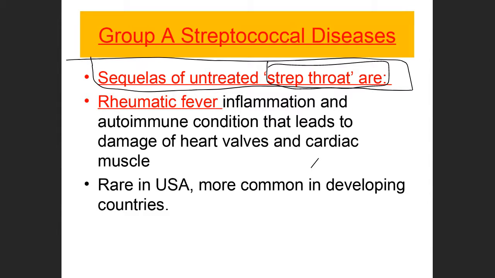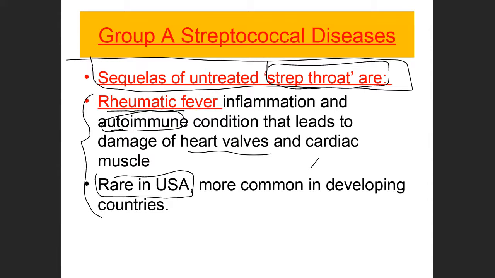These are autoimmune conditions, rheumatic fever, which is an inflammation that ends up damaging the heart. This is one of the number one causes of heart problems in young people. It is rare in the US because we have been very aggressive at treating strep throat. So it's more common in other countries.